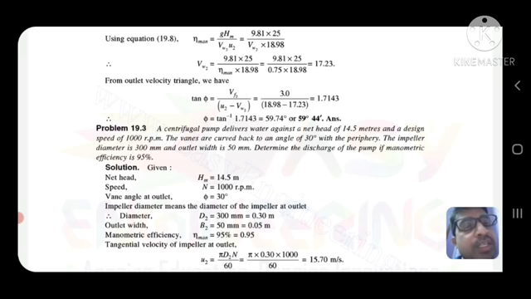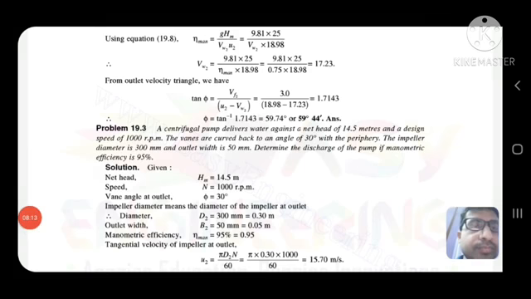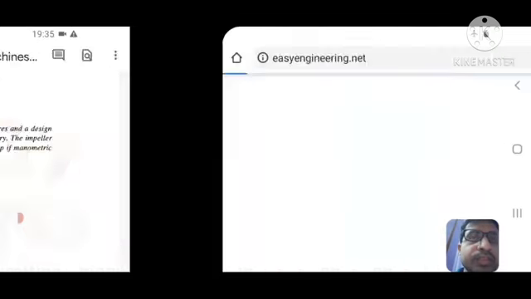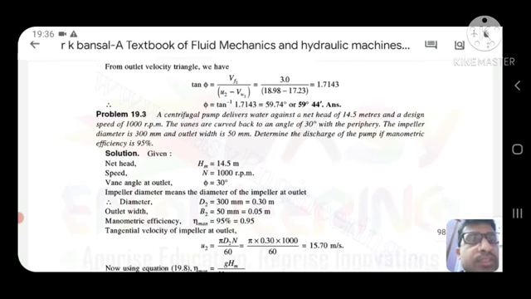From the outlet velocity triangle, tan phi is equal to Vf2 by U2 minus Vw2. So 3.0 divided by 18.98 minus 17.23 is 1.7143.